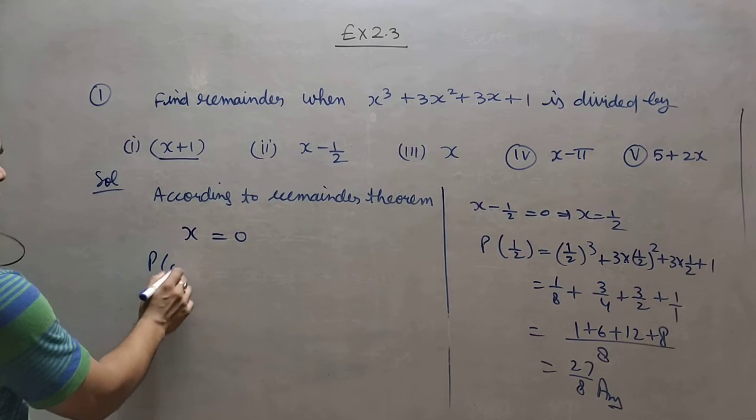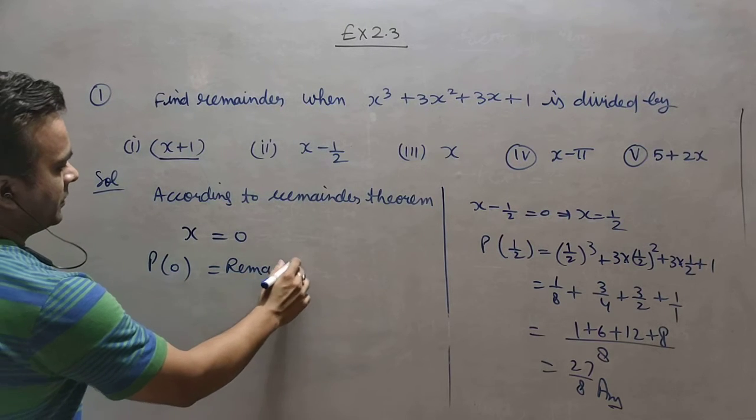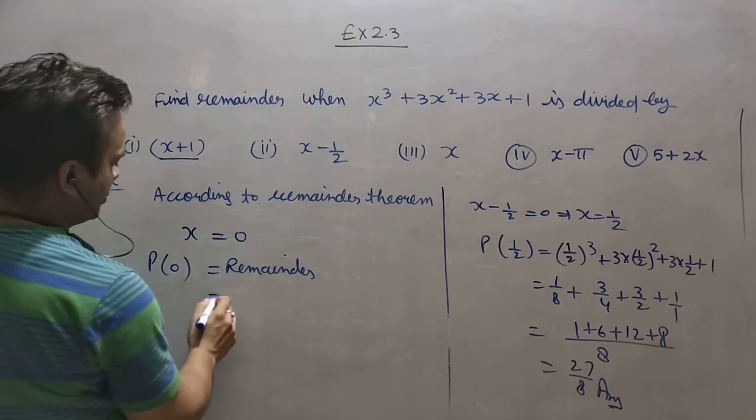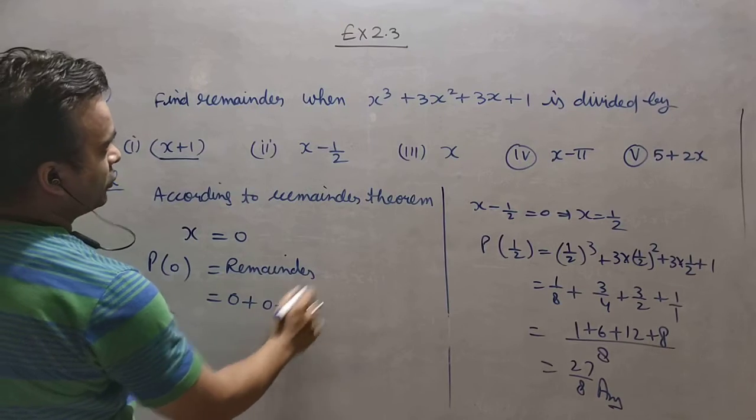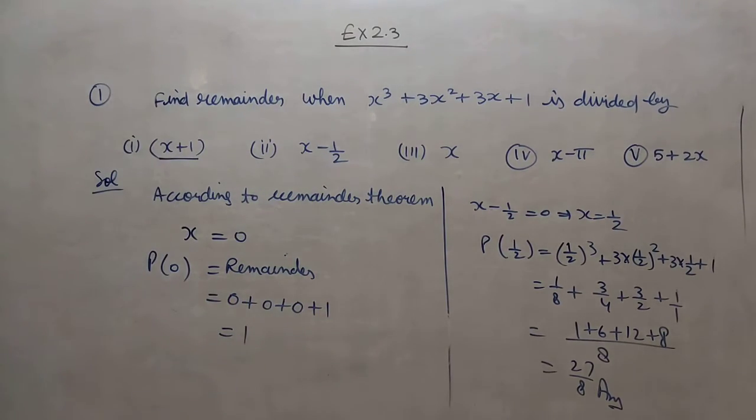So at p(0), this polynomial will give you the remainder. If you put 0 here, 0 plus 0 plus 0, because all will be 0 and only plus 1 is left. So 1 is the remainder in this case. I hope you can do the other parts also.